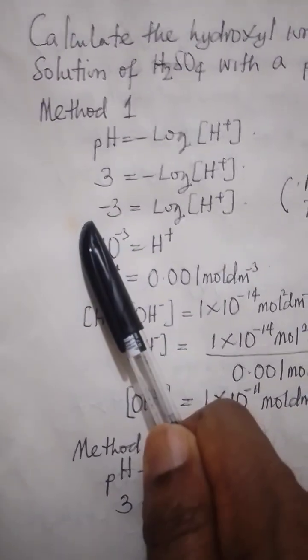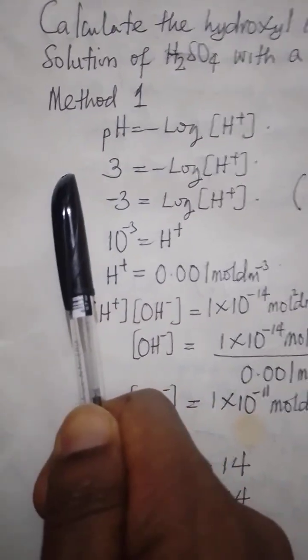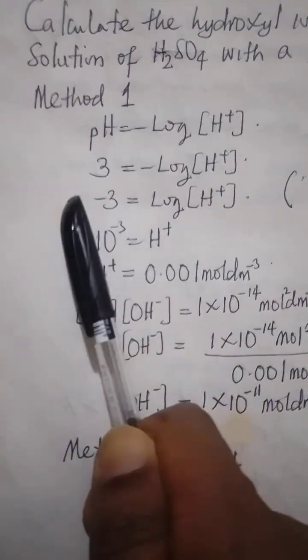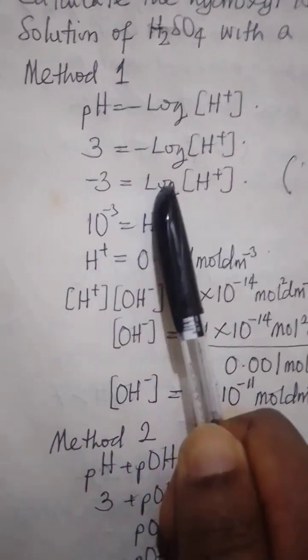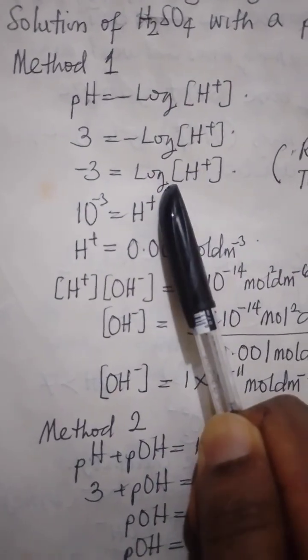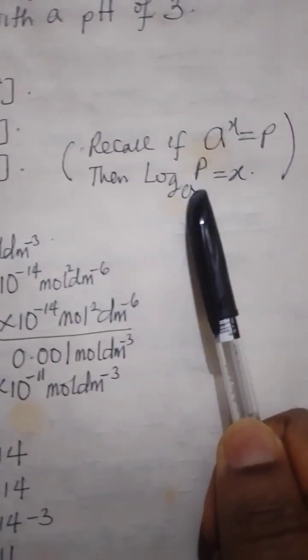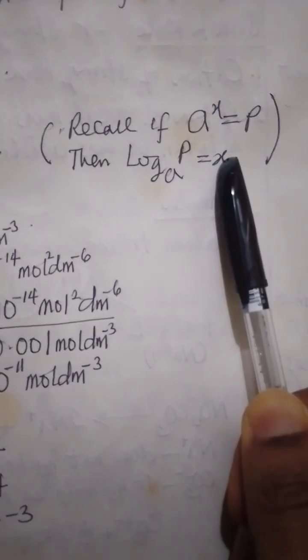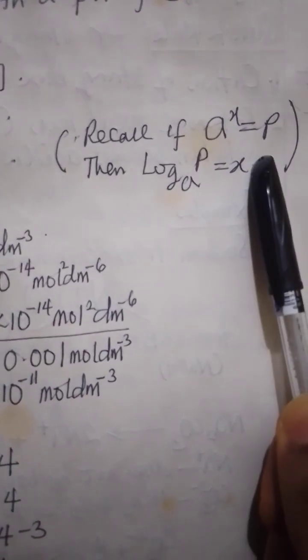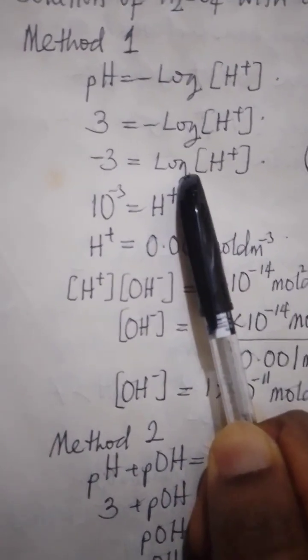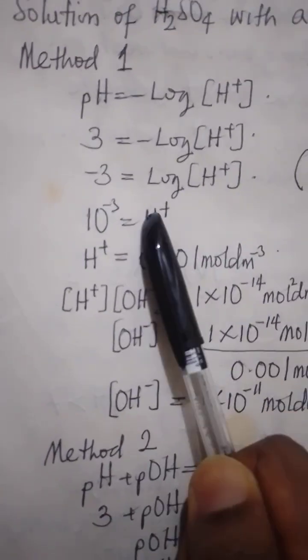Here we have minus 3. That means you multiply both sides by minus. So minus 3 is log H plus base 10. So base 10 raised to power minus 3, look at it again, base a raised to power x equal to p, equals H plus.